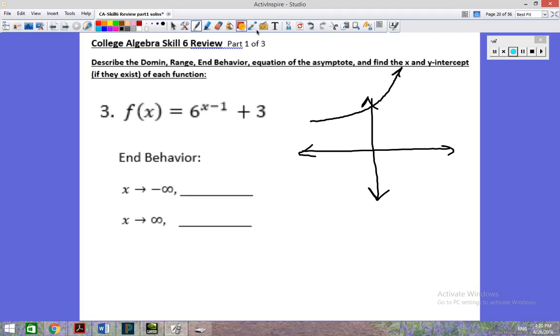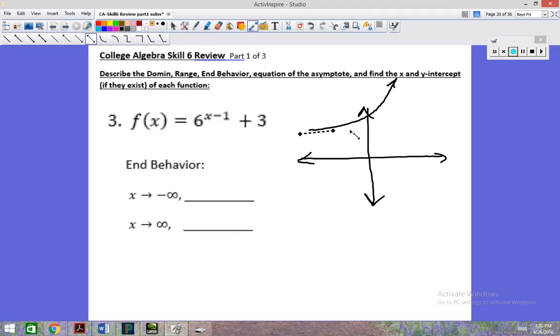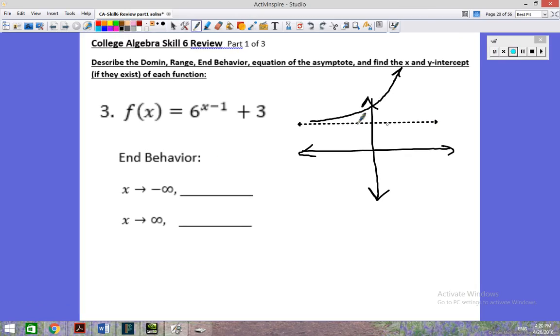Okay. So I can think of a rough picture looking like this, where my horizontal asymptote is the line y equals 3.